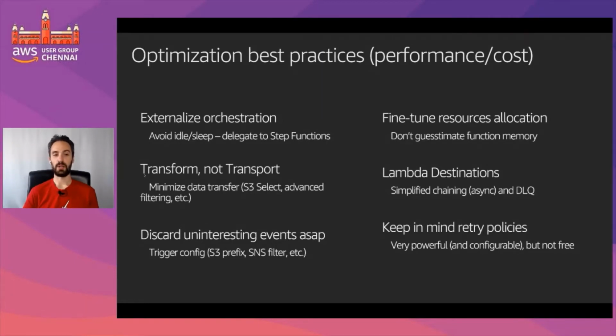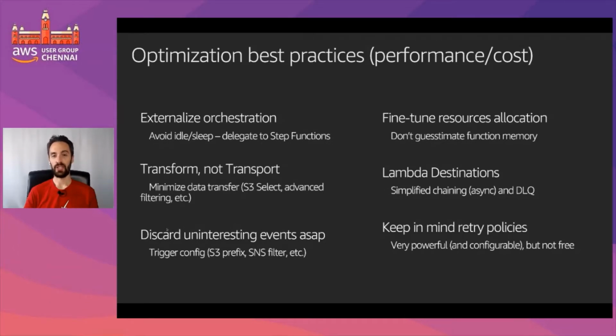Another idea, this is very powerful, is try to discard the events that you don't care about as early as possible. You can do a lot of that in the trigger configuration. So if there are S3 or SNS events that you don't care about, like if all you want is for every new JPEG image uploaded to S3, trigger this Lambda function, you don't need to filter the JPEG extension inside your Lambda handler.